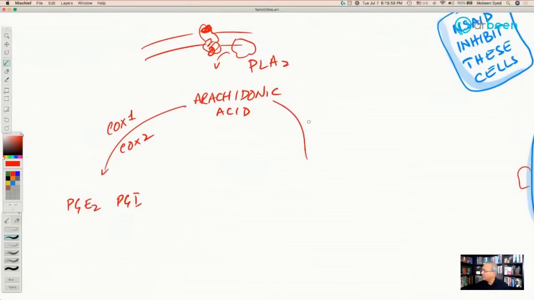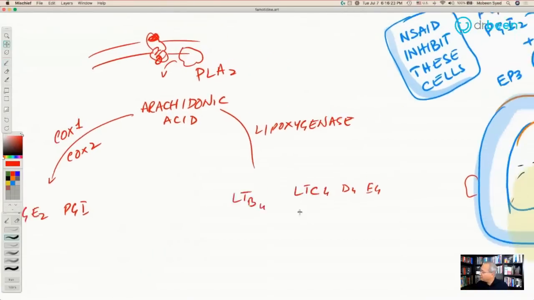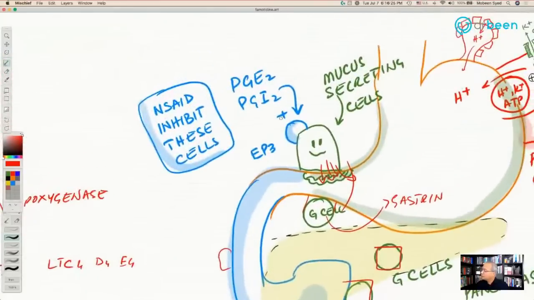Similarly, if over here we have the lipoxygenase pathway enzyme, then the arachidonic acid is converted into leukotrienes: leukotriene B4, leukotriene C4, D4, E4, etc. So these are the products of the arachidonic acid, or the phospholipids. These products act on the mucous cells, and mucous cells in turn make mucus, which protects the stomach.